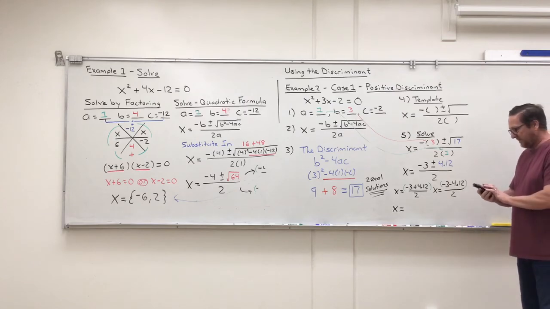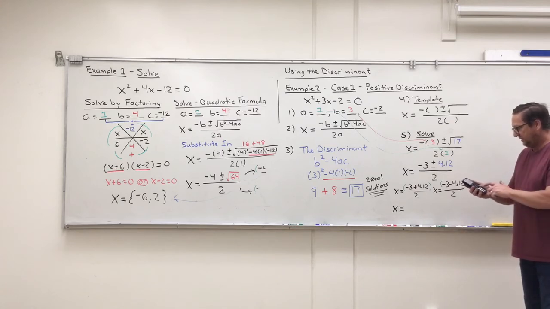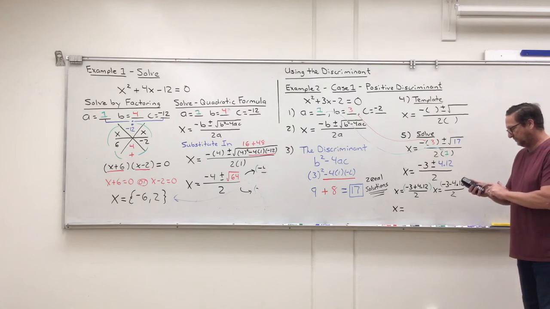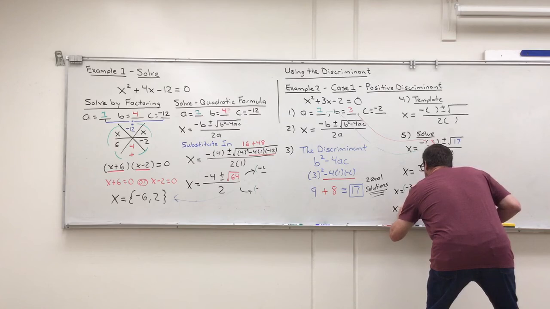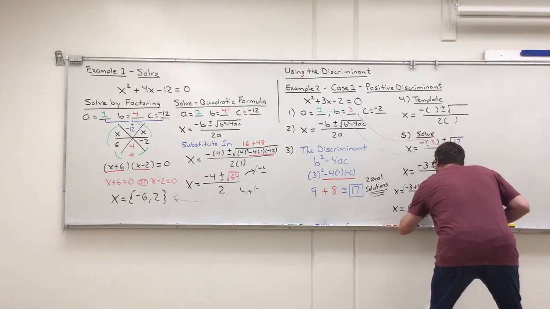So I'm going to put that in my calculator. I can protect with parentheses. Negative 3 plus 4.12. If I don't protect with parentheses, I've got to hit equals. Divide by 2. And I get 0.56.